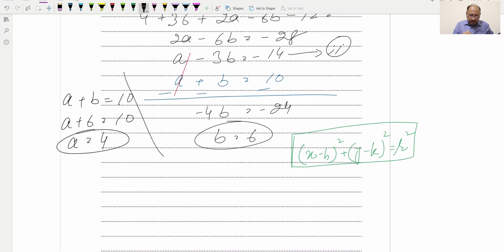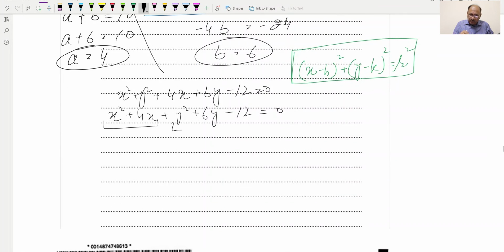We can write our equation as x squared plus y squared plus ax, where a value is 4, so 4x, plus by, so 6y, minus 12 is equal to 0. Now we can rearrange. It will be x squared plus 4x plus y squared plus 6y minus 12 is equal to 0, completing the square for this section and then for this section.